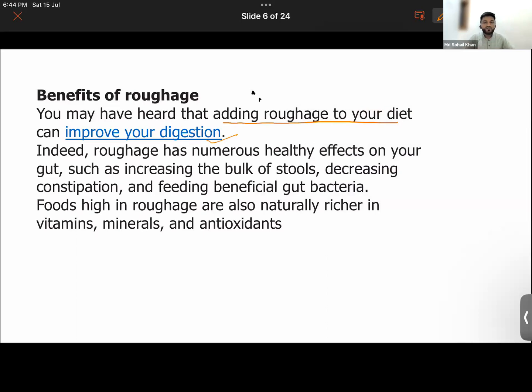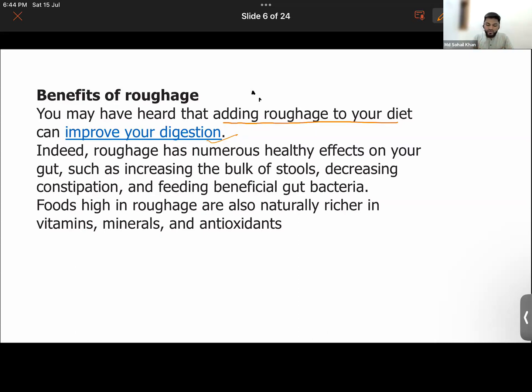That's why if someone is having constipation or a bad stomach, or someone's digestion is weak, then the doctor recommends them to eat salad, to eat vegetables. The doctor won't recommend eating meat or eggs or spicy foods. He will recommend more and more vegetables. Why is it so? Because vegetables consist of roughage, basically cellulose.